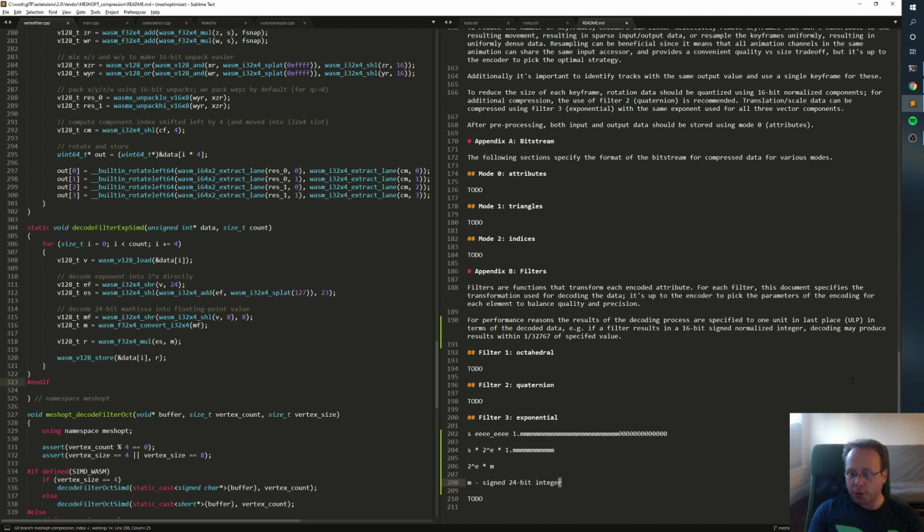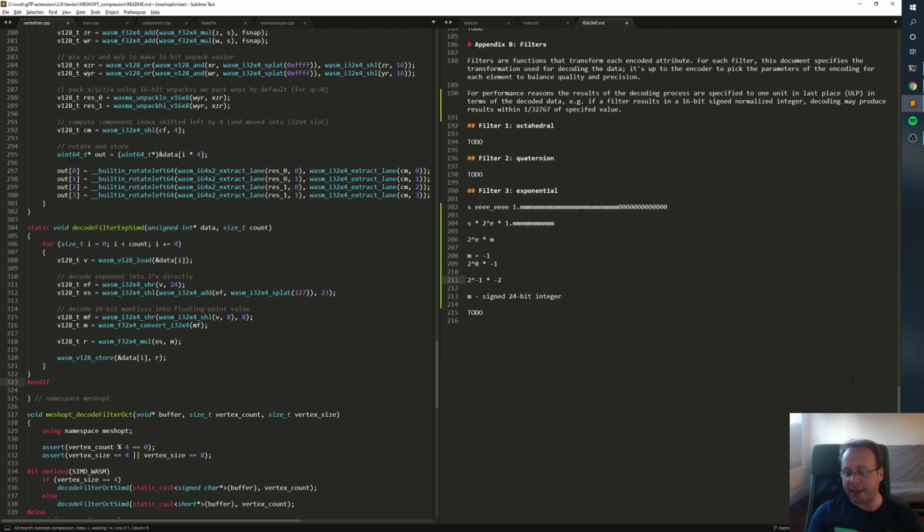When I say signed 24-bit, I mean there's 1 bit for the sign and 23 bits for the value, but unlike the floating point mantissa encoding, the leading 1 is not implied. So for example, m could be -1, giving 2 to the power of 0 times -1. Or you could say 2 to the power of -1 times -2, and that's the same value.